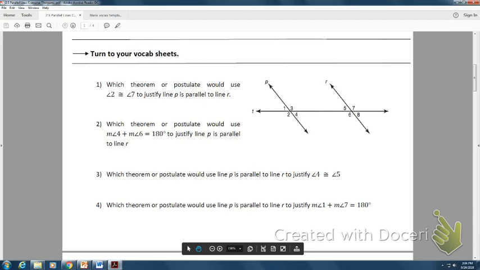It makes it easy. Rotate your paper so that you can see it as parallel lines cut by a transversal.